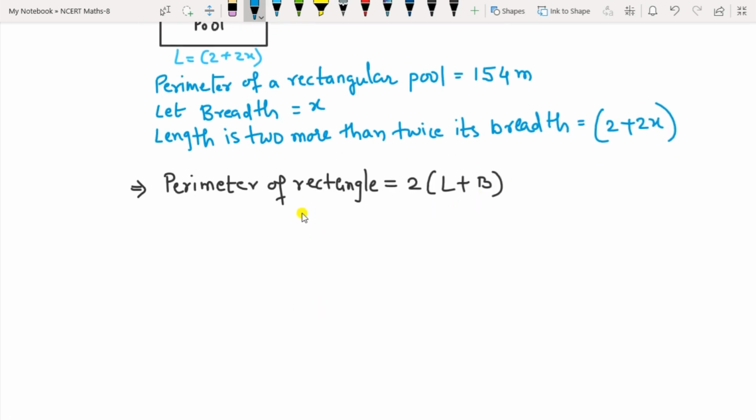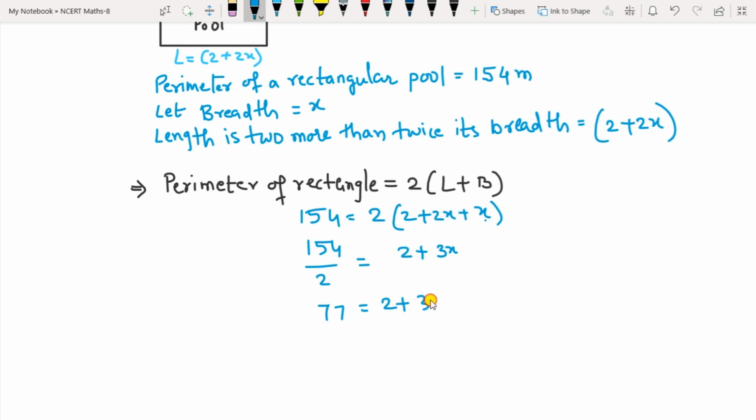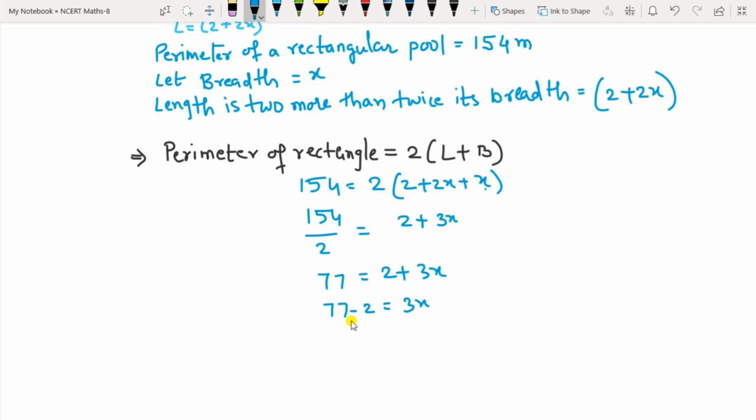So substitute all the values here. 154 equals 2 bracket 2 plus 2x plus x. Divide this 2 onto the other side and the bracket becomes 2 plus 3x, since these are like terms. So now 77 equals 2 plus 3x.